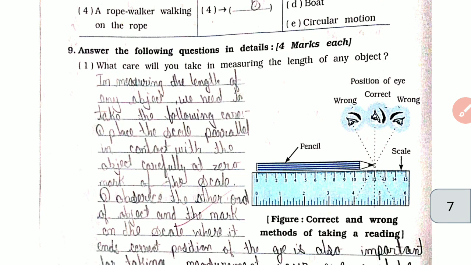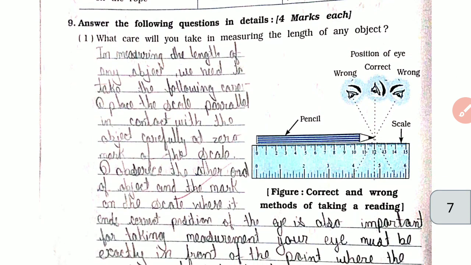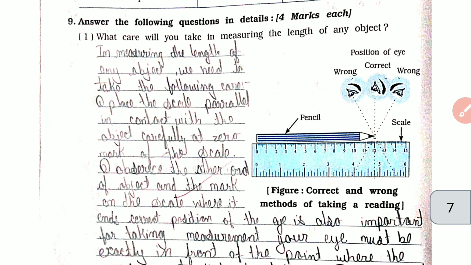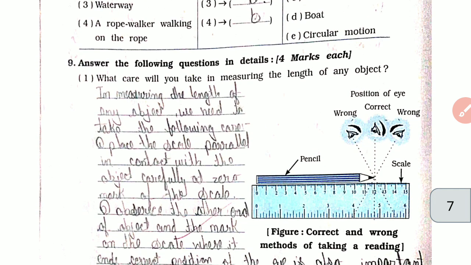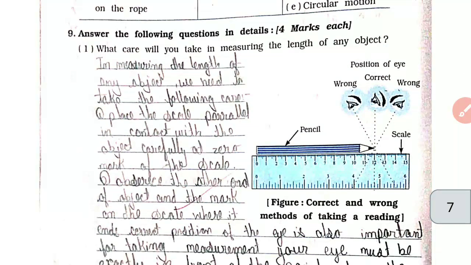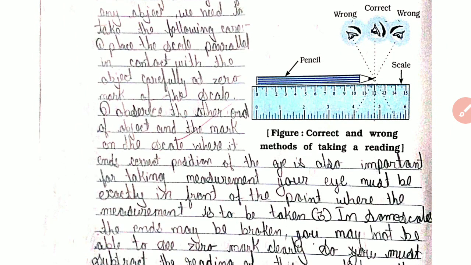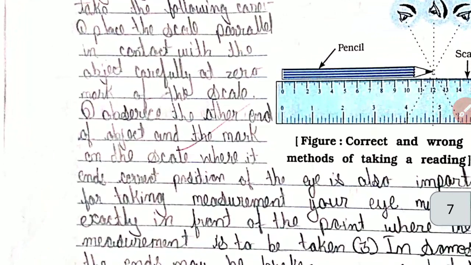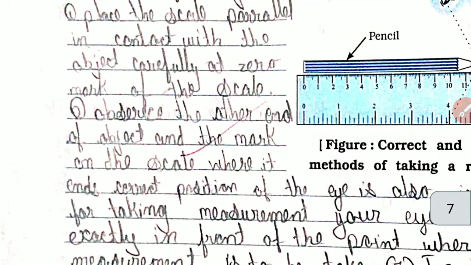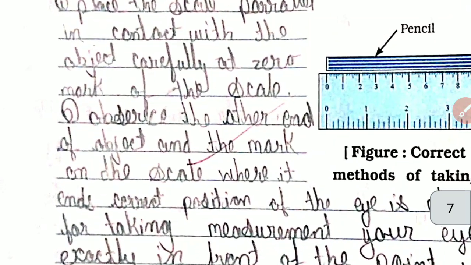Question number 9, answer the following questions in detail. Number 1, what care will you take in measuring the length of an object? In measuring the length of an object, we need to take the following care. Number 1, place the scale parallel in contact with the object carefully at the 0 mark of the scale.